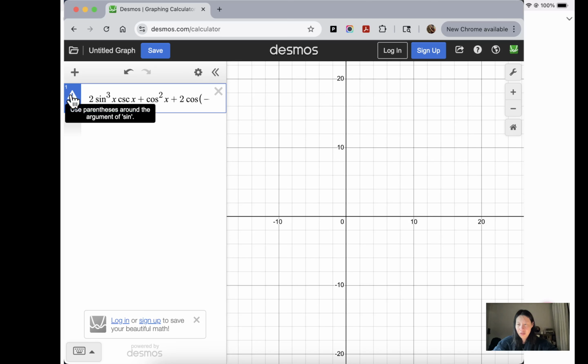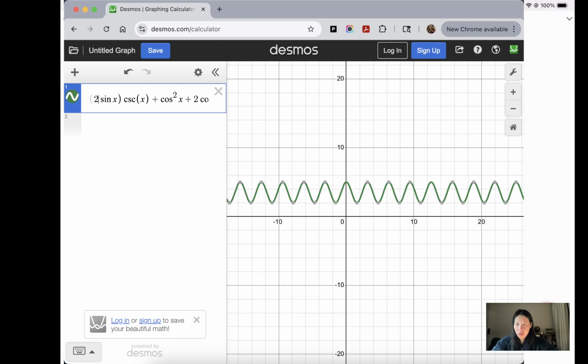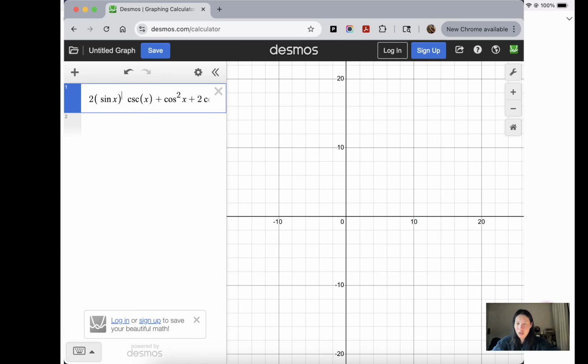Oops, why is there a request to use parentheses? I think they want us to use parentheses for the square. Yes, if I do this, it will make more sense on the computer.